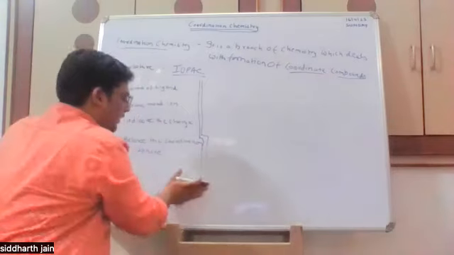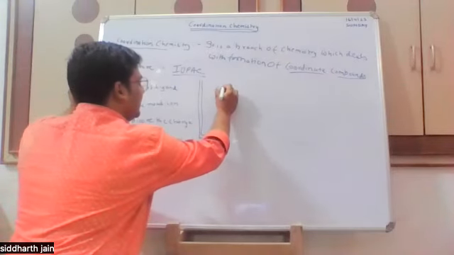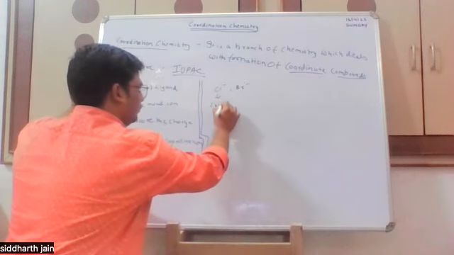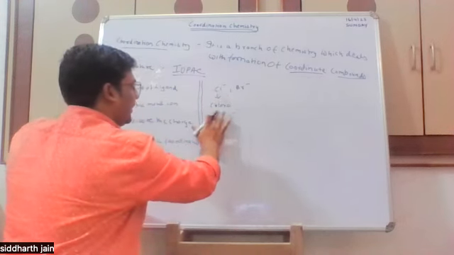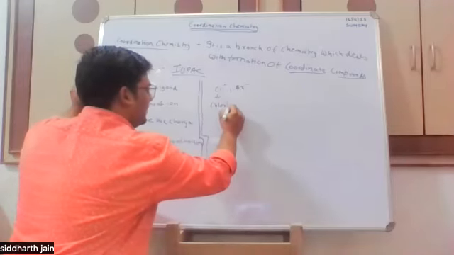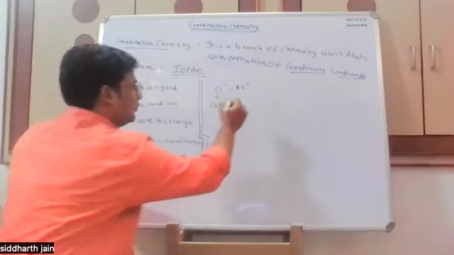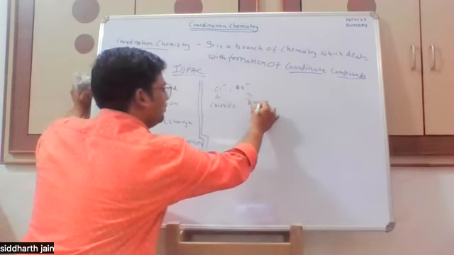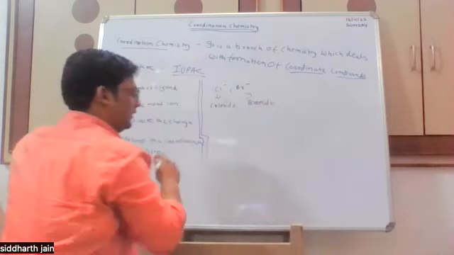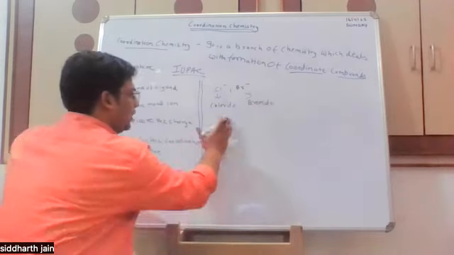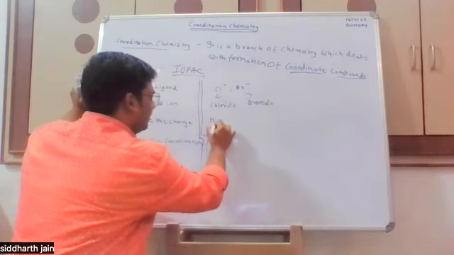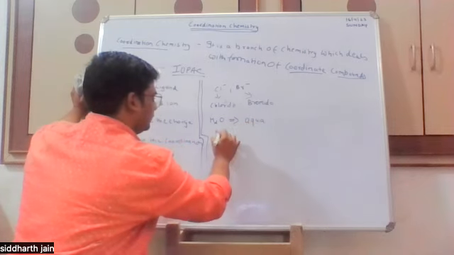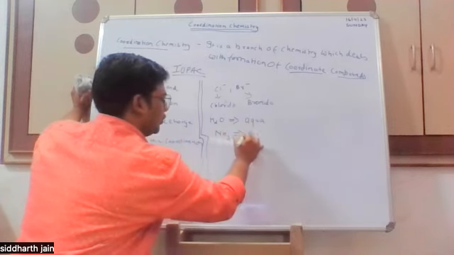For example, if the ligand comes as Cl-, Br-, we name the ligand as chloro, but due to the negative charge, we name it chloride. Here also the name of the ligand is bromo, but due to the negative charge, we name it bromide. And when a neutral ligand comes, we name it as such. For example, water is called aqua. Ammonia is called ammine.